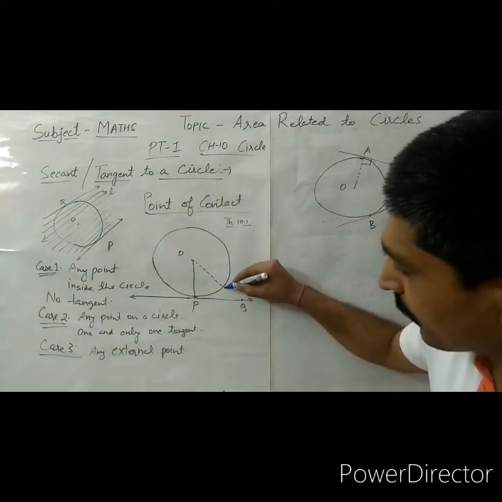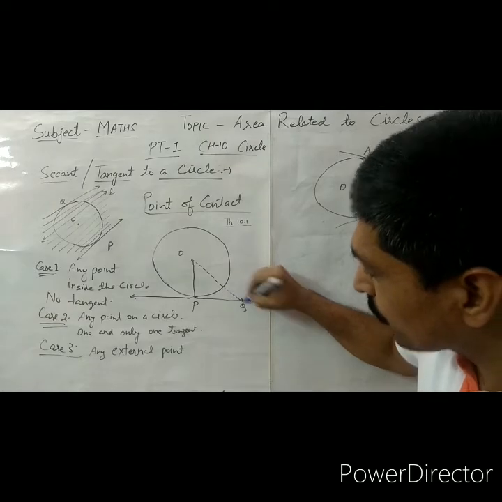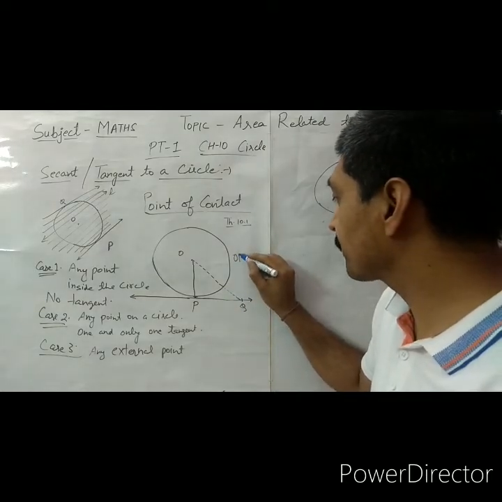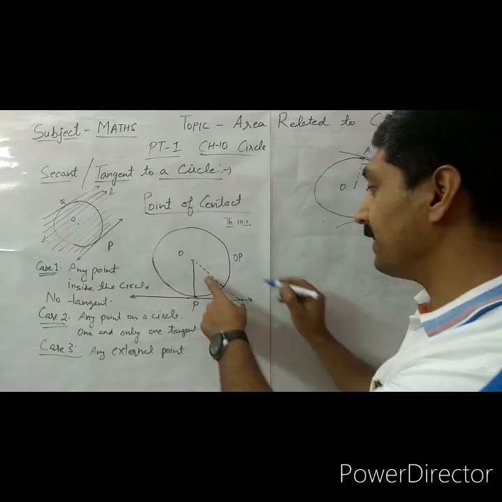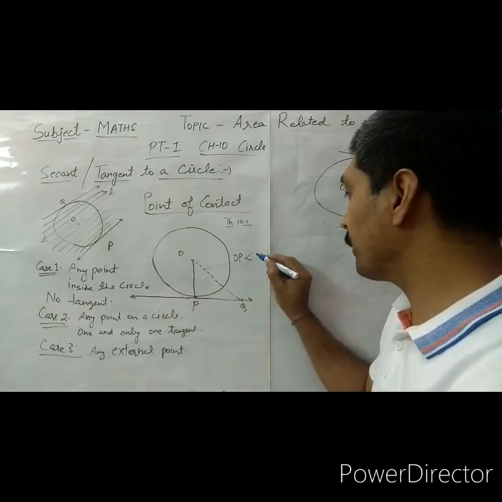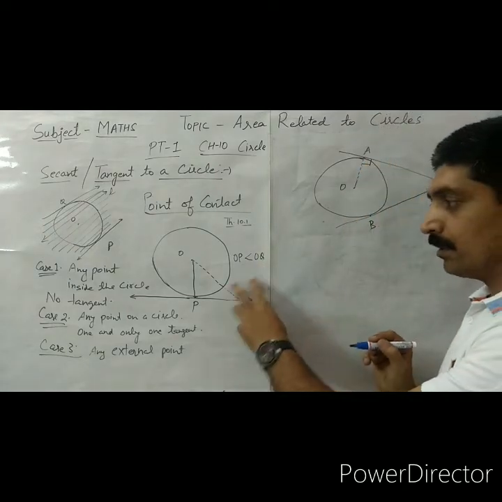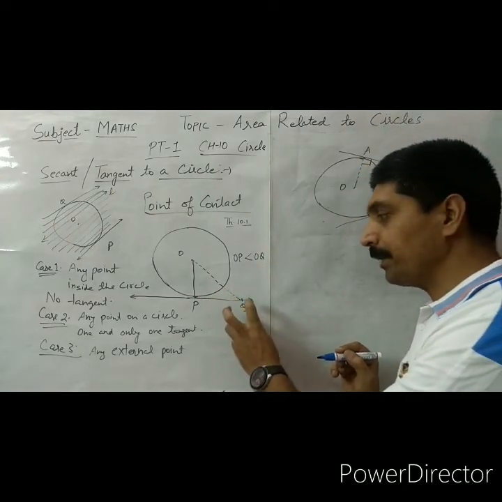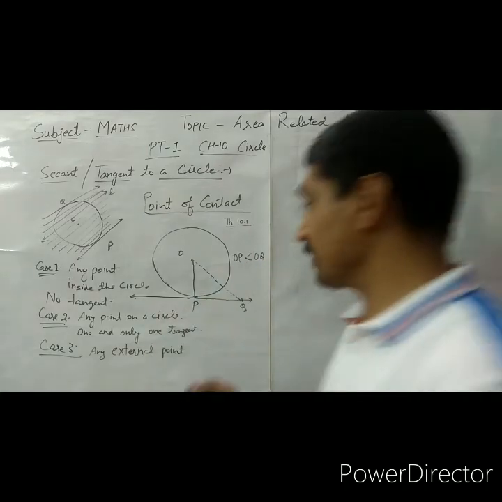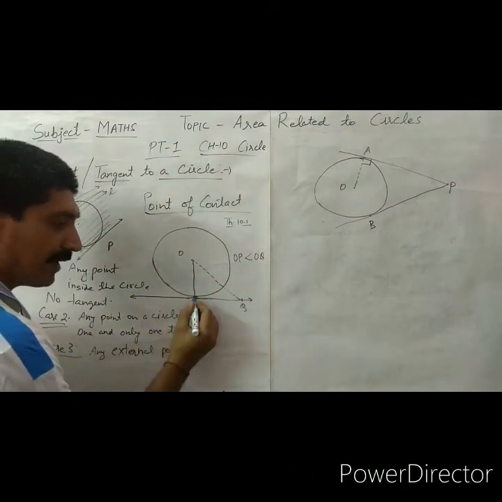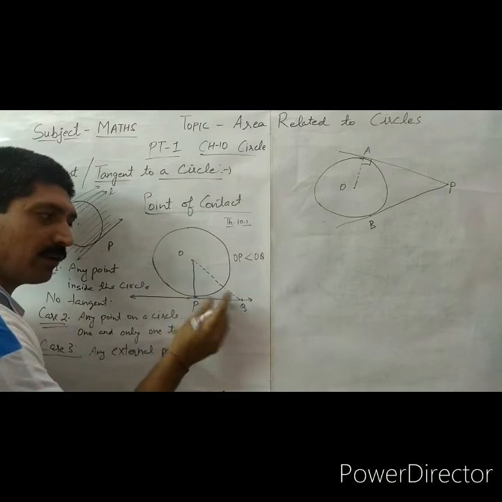But I am joining O with the Q. So we have OP is always less than OQ. Not only Q, we can choose any point on this line other than P. P is the point on the circle and also on this line.